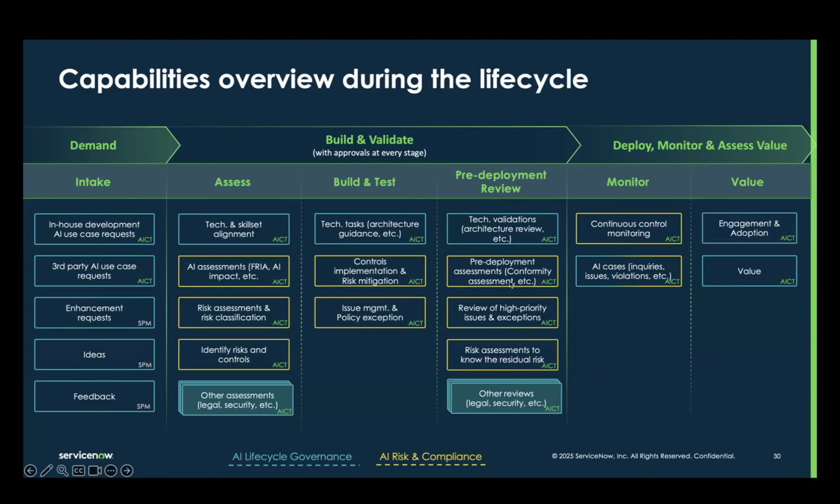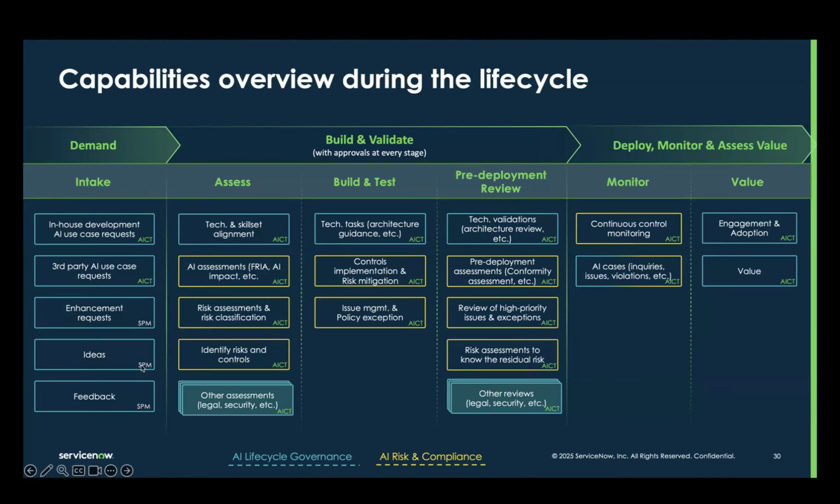So boxes with a yellow border are part of the risk and compliance use case and reflect capabilities related to the risk and compliance team. And those boxes with AICT designations in green signify the features that are contained in the AICT SKU.